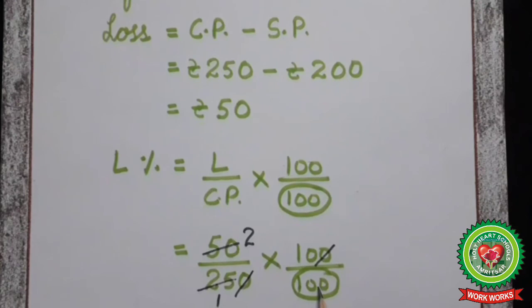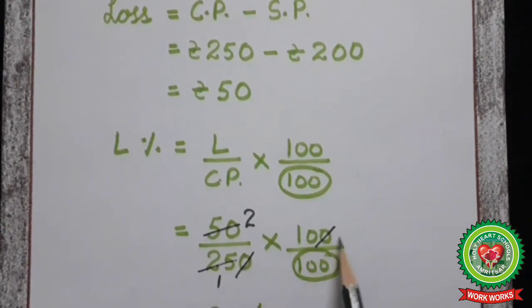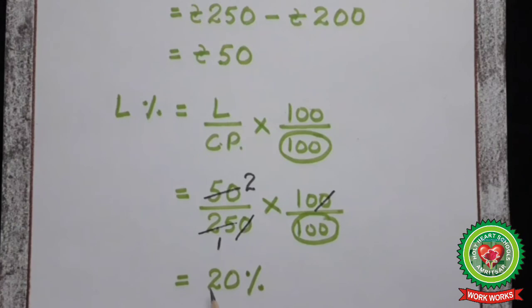On doing the simplification, 0 cancels with the 0. 25 and 50 come on the common table and they get cancelled with one another. And must remember, don't use this 100 for the calculation. After simplification, we got 20%. So 20% is your required answer.